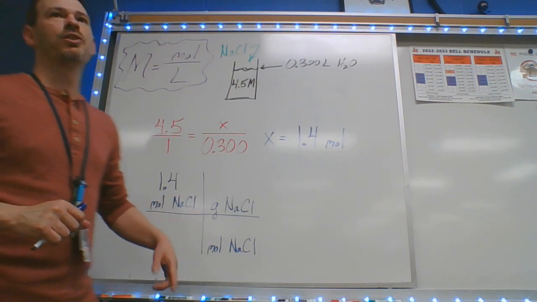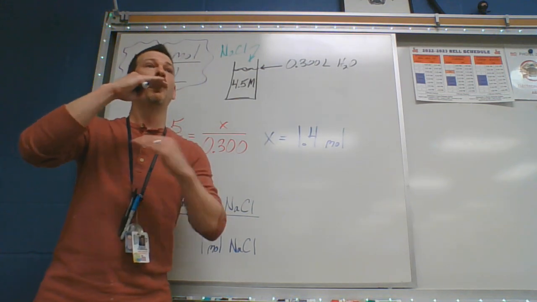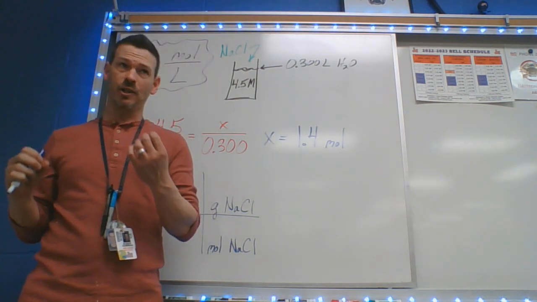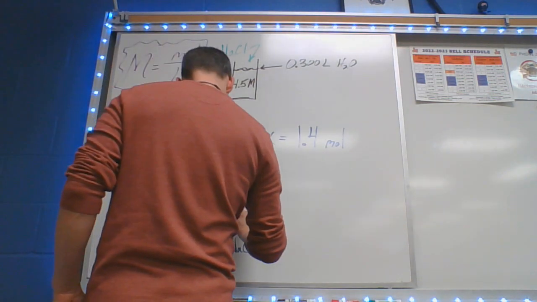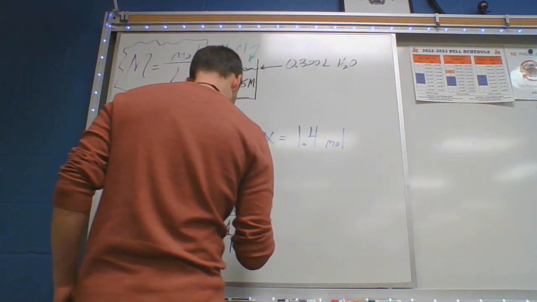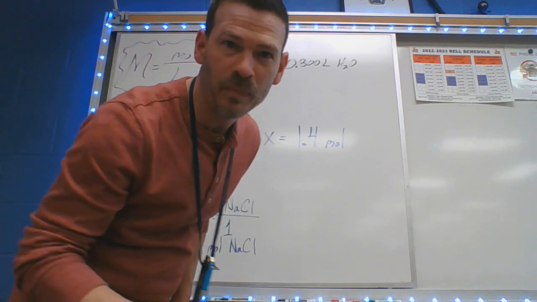Grams over moles, so we know that it's periodic table over 1. That should be ingrained in your life by now. And that's why you have a periodic table out. Get a periodic table out at home if you don't have one.